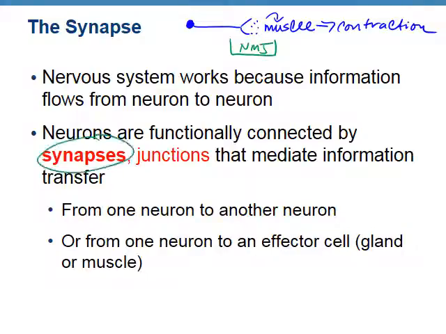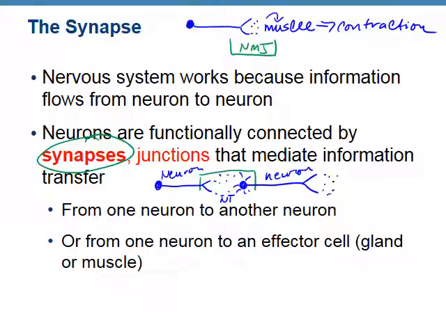Well, you can also have a synapse, if I'm talking about connecting one neuron to another neuron in terms of information. So this neuron could release a neurotransmitter, it could be picked up by the dendrites of this neuron and cause this neuron to release its neurotransmitters. This area right here where two neurons meet is called a synapse.